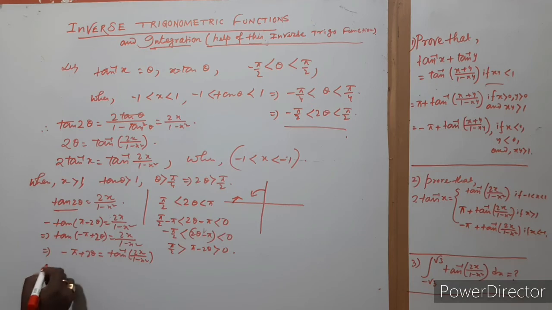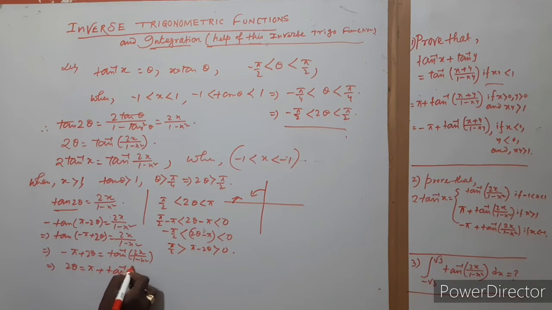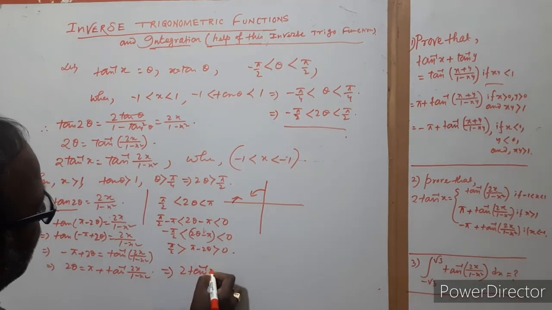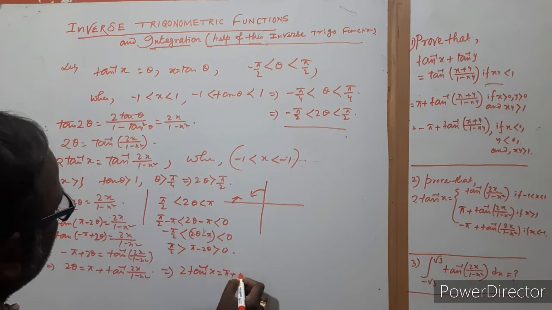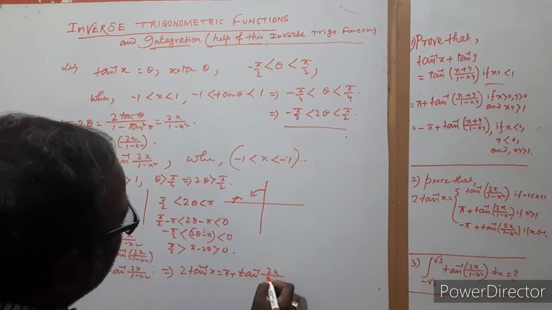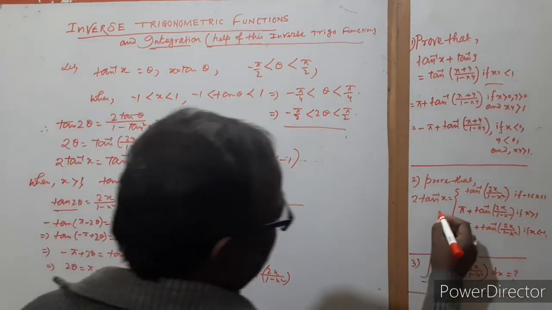So therefore 2 theta is equal to pi plus tan inverse of 2x by 1 minus x square, that is, 2 tan inverse x is equal to pi plus tan inverse of 2x by 1 minus x square. See, it's proved.